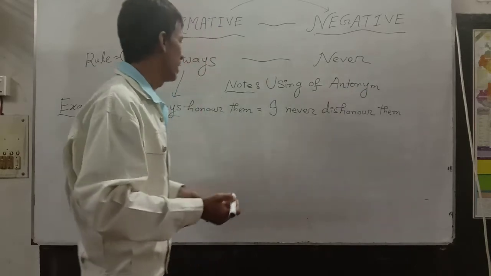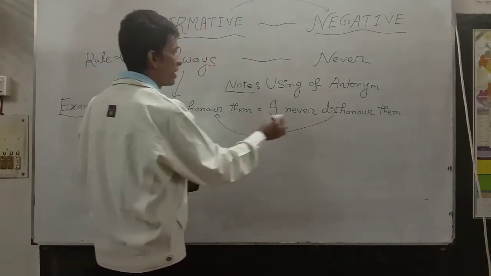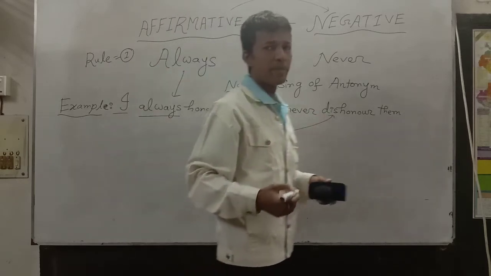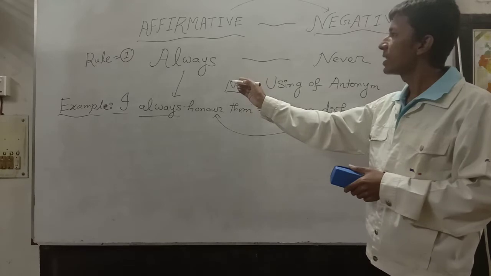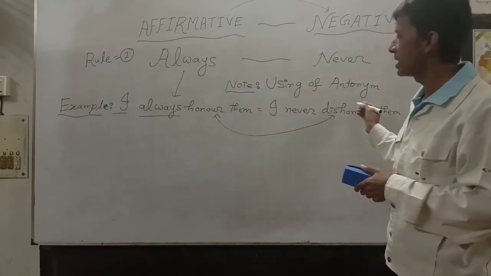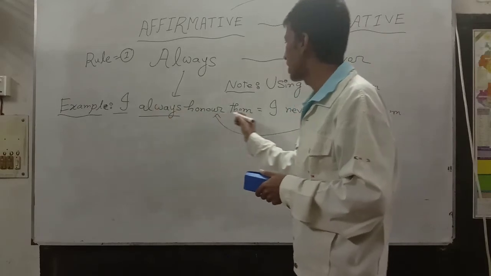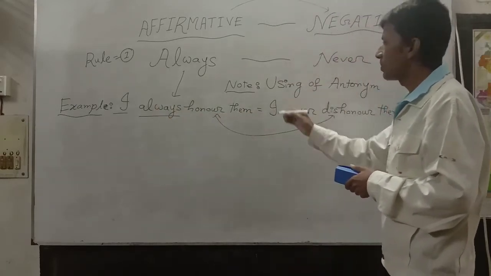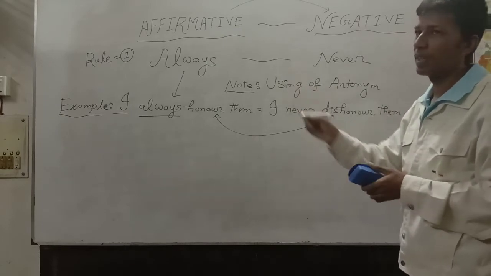For this reason, I have written dishonor in the sphere of honor. So the meaning remains the same. That means the sentence is transferred from affirmative to negative without change of meaning. The sentence was I always honor them, and the negative form is I never dishonor them. This is the first rule.